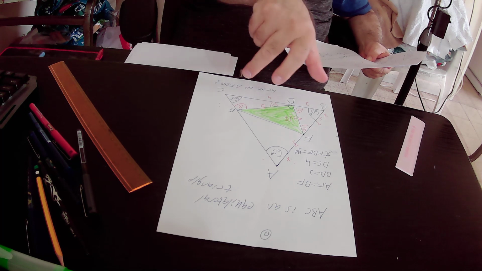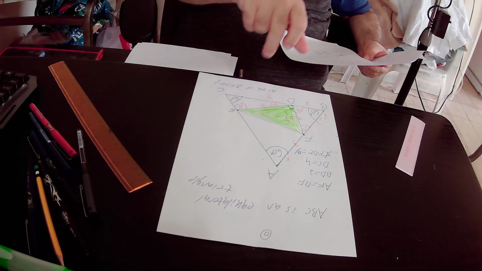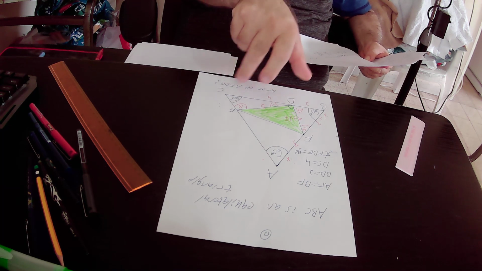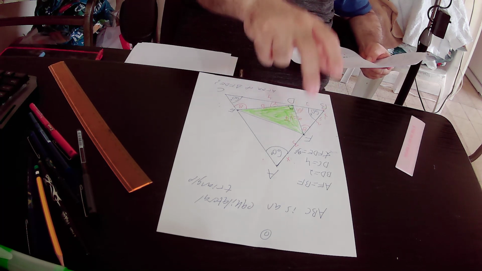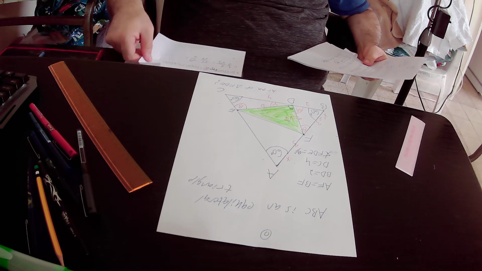So BC equals 2 plus 4 units. So BC equals 6 units, so AB also equals 6 units, and AC equals 6 units.